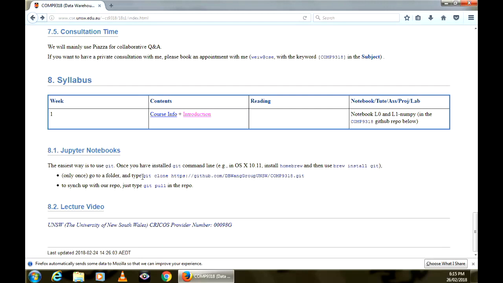You just need to do this once. We have put all the notebooks we currently have there, and we will probably be adding a few more. So if you need updates, you just use git pull again. Okay.